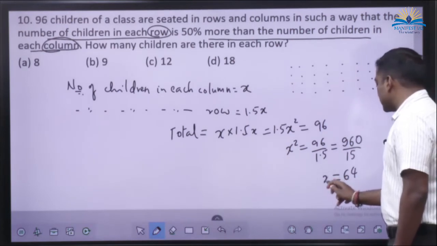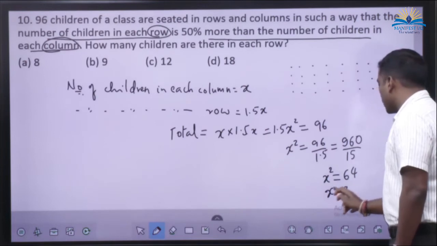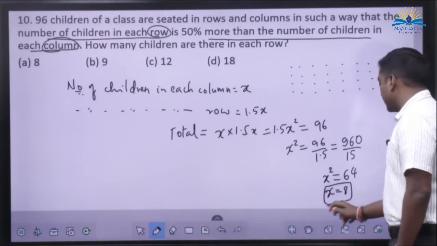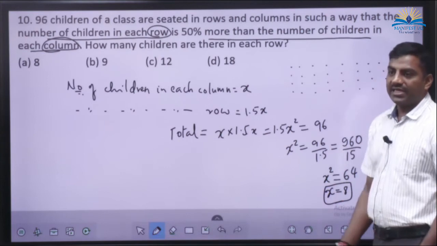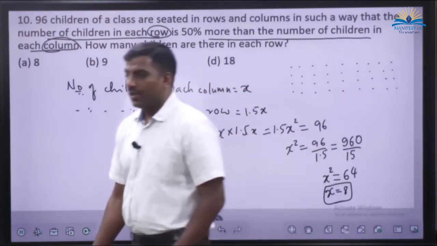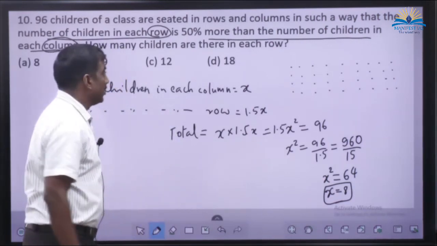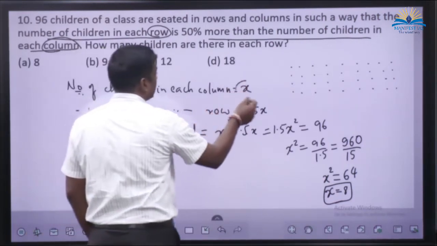X square is equal to 64. X is equal to 8. Don't think of minus 8 because we want the answer in positive. So, in each column, 8 students are there.